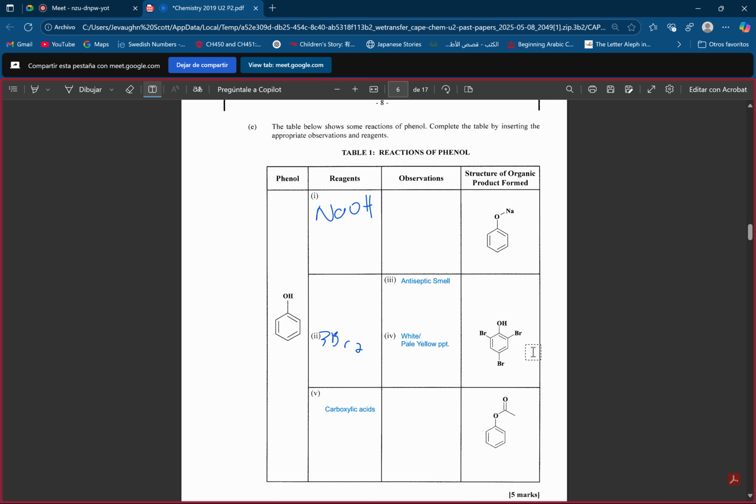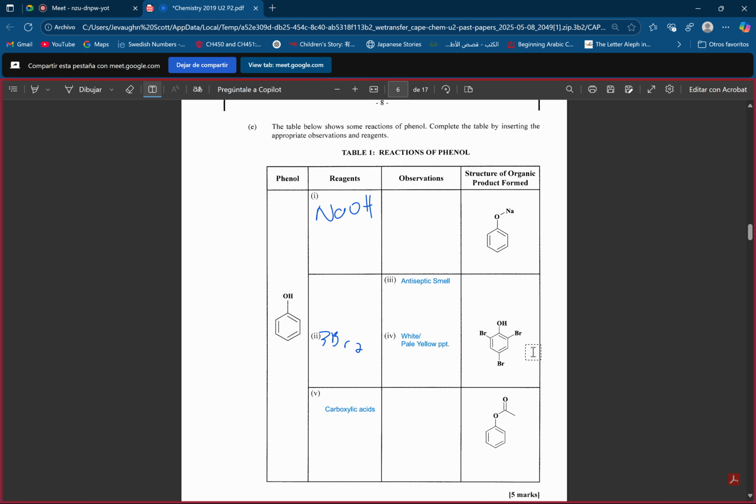For the last one, we're reacting the phenol with carboxylic acid. Phenols don't typically react with carboxylic acids, that's what I'm trying to figure out. They do not directly react with carboxylic acid to produce esters like that. But this is some type of aspirin.